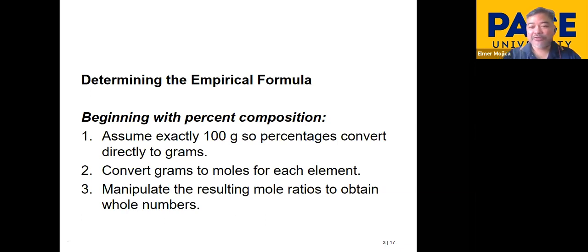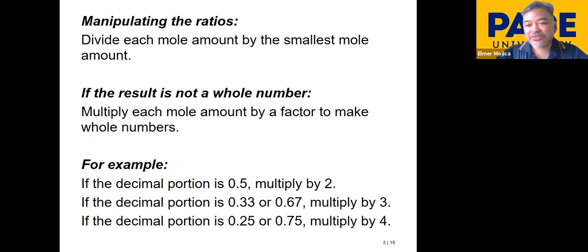So you may ask, how are we going to manipulate this mole ratio? You divide it. Usually the rule is to divide each mole amount by the smallest mole amount. If the result is still not a whole number, you have to multiply each by a factor to make it into a whole number.